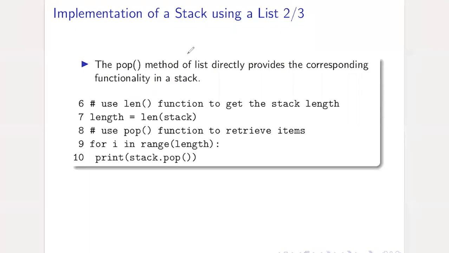If I may remind you here, the push will have to be defined by you. That would require getting that particular item and appending that item to our stack variable, which is actually a list.